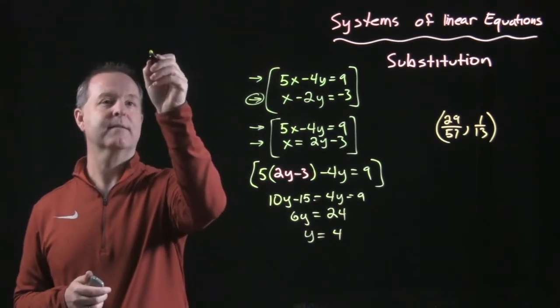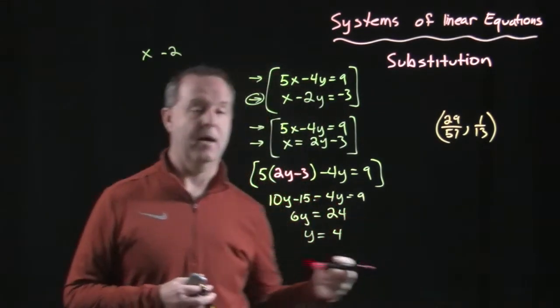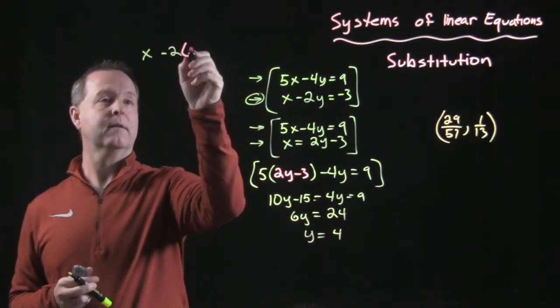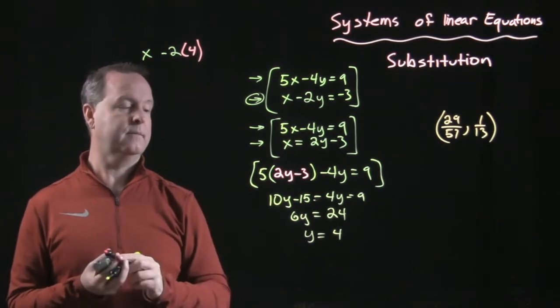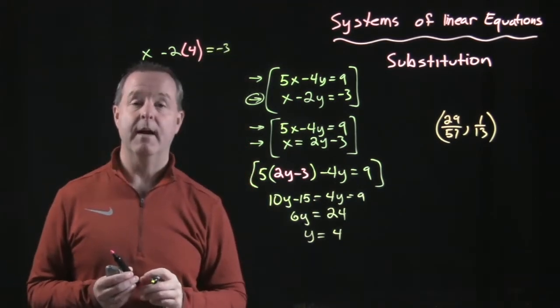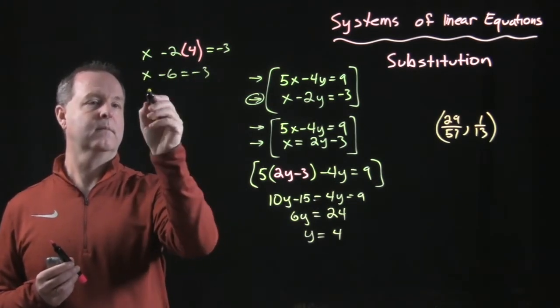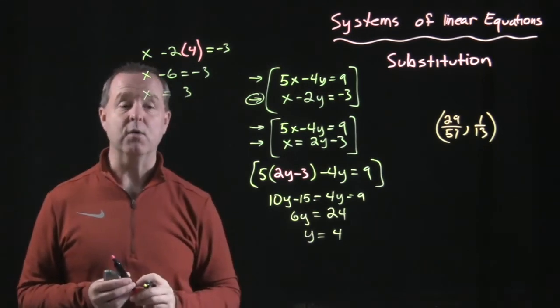So it looks like this one might be the easiest for me. I'll take x minus 2, and I'll take my value of y, which was 4. From there, reduce and solve that down. Get the value 3.